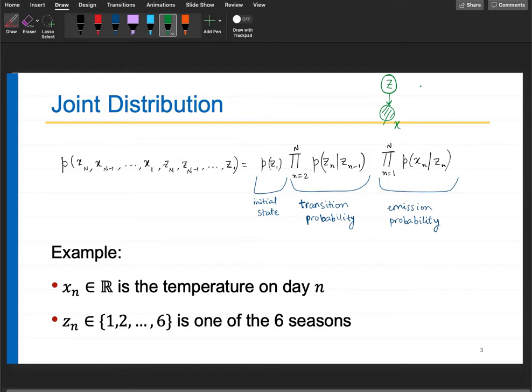Temperature is the observed thing. We can measure temperature, but season is a latent variable. If I do not know the date today, I cannot tell the season. So from the temperature itself, I have to infer whether this looks like summer, winter, or rainy season. Season is a latent variable which I do not observe.